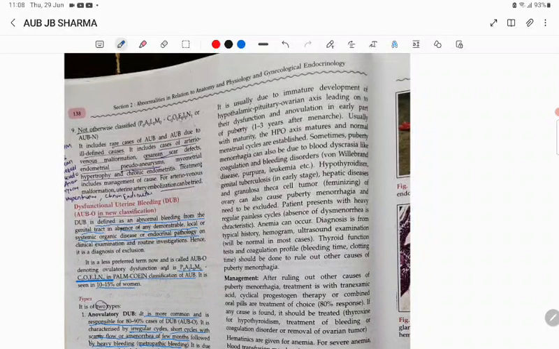Puberty menorrhagia is usually due to immature development of the hypothalamo-pituitary-ovarian axis, leading to dysfunction and anovulation in the early part of puberty, that is 1 to 3 years after menarche.